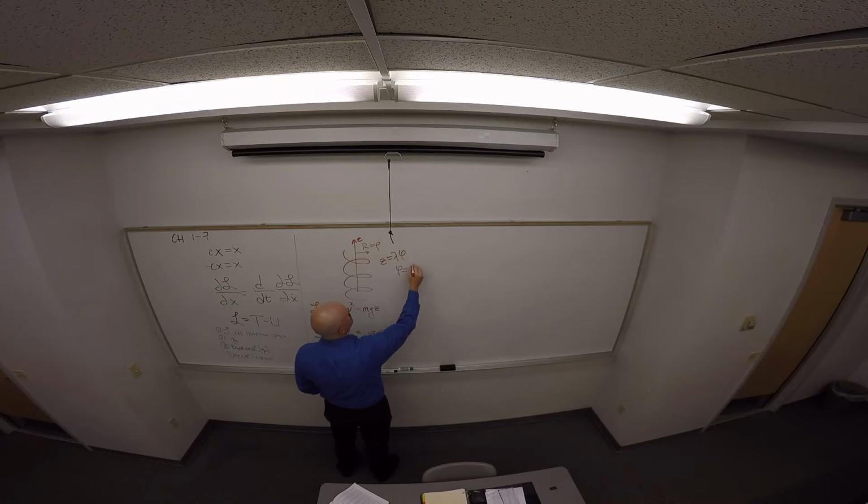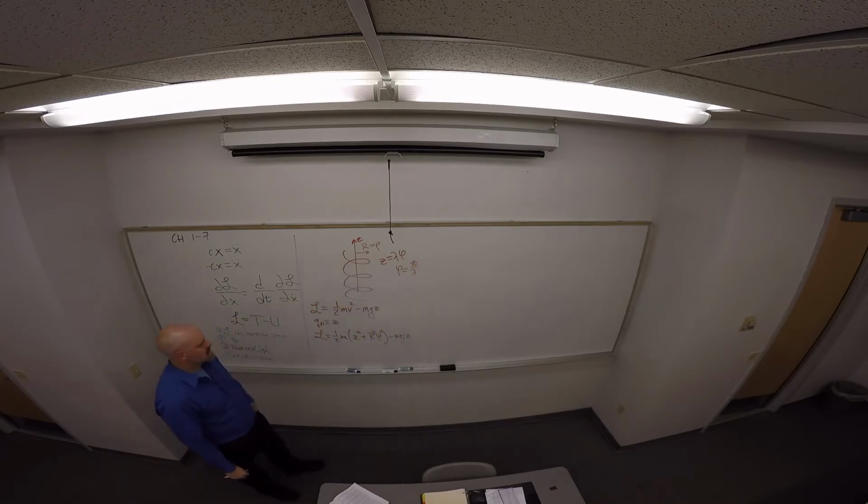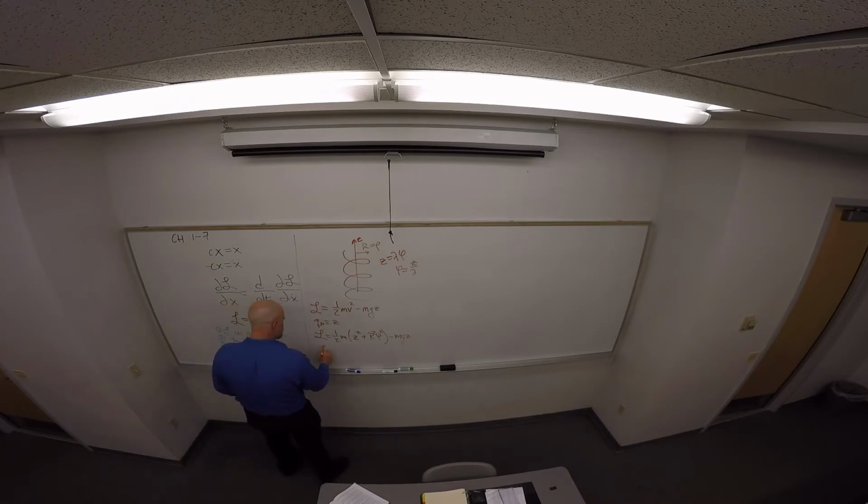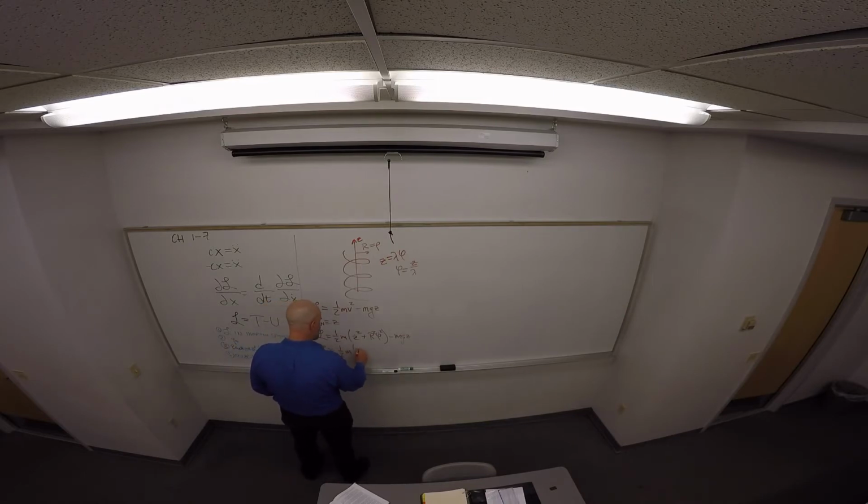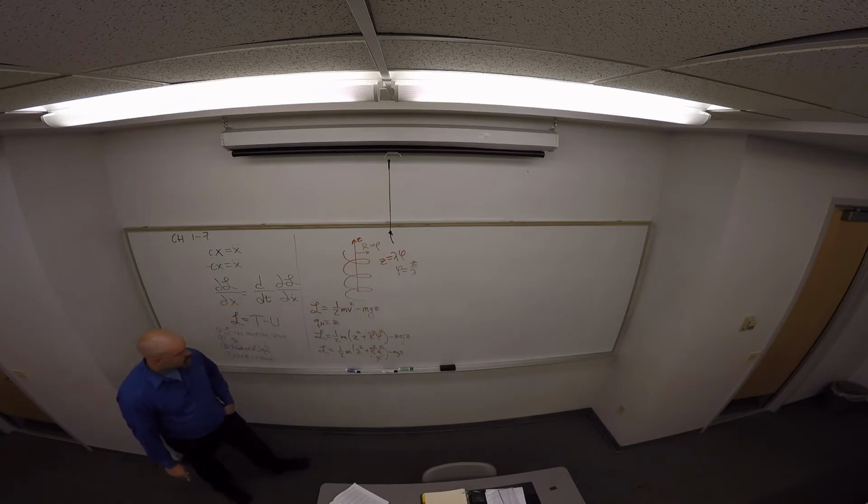Phi is equal to z over lambda, so phi dot is equal to z dot over lambda. R squared z dot squared over lambda squared. Okay.